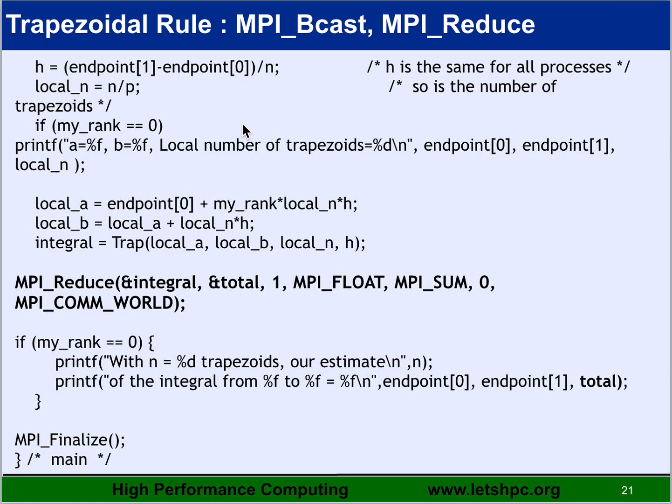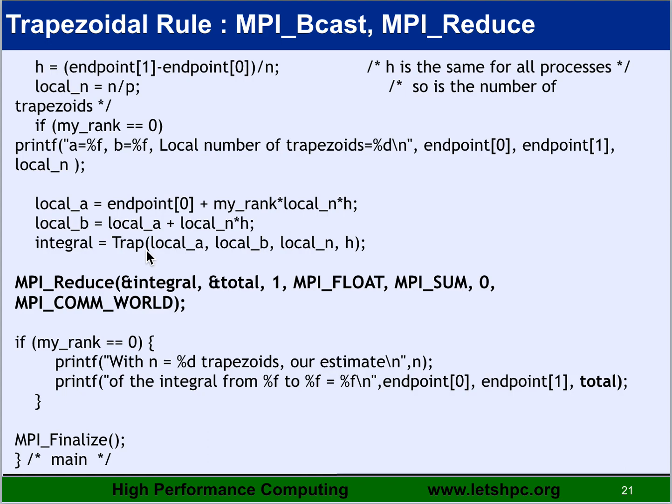Once these two values have been provided to all other processes, the rest of the processes can figure out which sub interval they have to do the integration on, because each can always calculate its own local A and its local B. Each process is responsible for calculating the integral between these two points, and by using its rank, the left endpoint, and the rank information, it can figure out the local A and local B. Then it can use the trap function, which is the trapezoidal function, and get its integral.